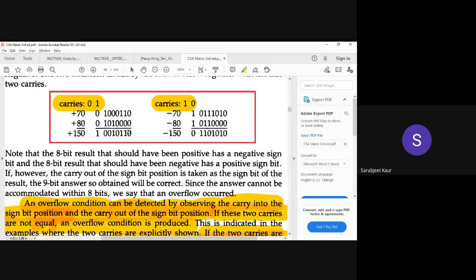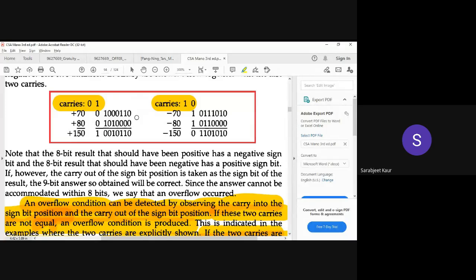For example, please see here. This is an 8-bit register which is shown to us. Its normal range will be 0 to 256, that means 0 to 2 raised to the power of 8. But if I reserve this bit for the sign, then I only have 7 bits left.